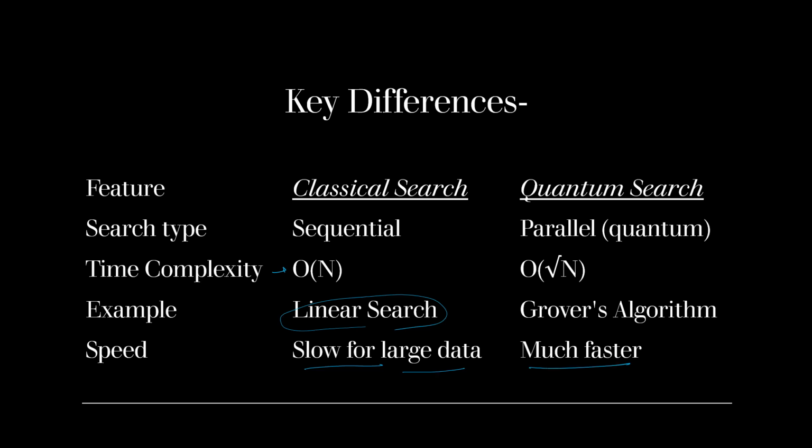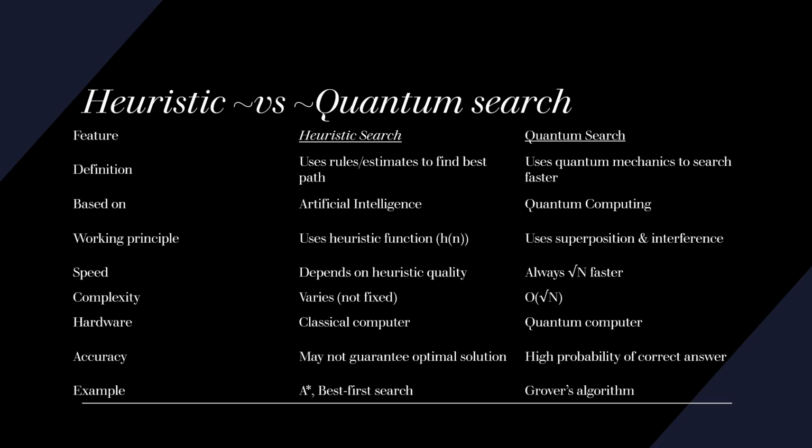We can also look at the differences between quantum search and heuristic search. Here are some basic key differences. Heuristic search uses rules, thumb rules, or estimates to find the best path, whereas quantum search uses quantum mechanics to search faster.